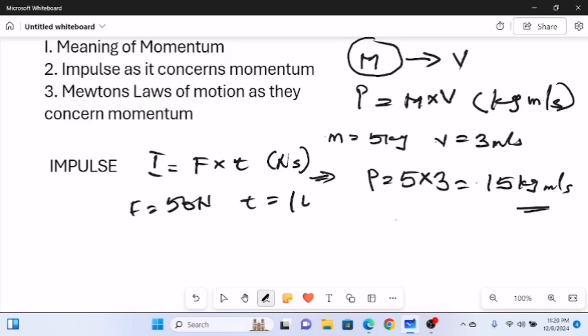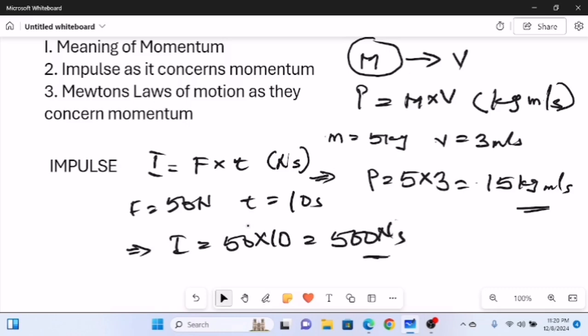That means the impulse or the impact felt on that object, I, is simply equal to 50 times 10, and that will give us 500 newton seconds. So the product of force and the time over which that action takes place gives us what is called the impulse, which can otherwise be called impact felt.